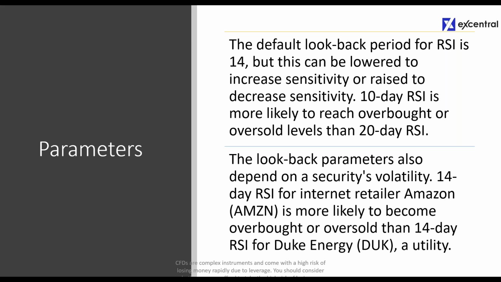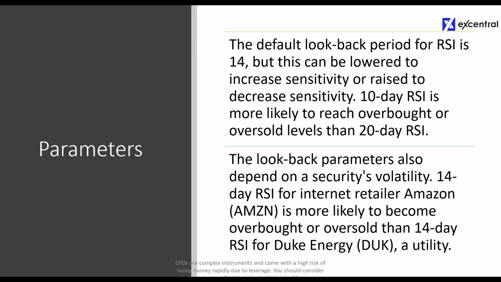So Duke Energy may hardly ever move enough to push it over the 70 or under the 30, where Amazon might always be pushing up into the 70, 75, and 80, or falling down to 20 and 25. So you can adjust these barriers. Like I said, the 70, 30. If you see an asset whose personality is to be up in the 80s and 90s in the calculation, you might want to move your barrier, because that's not a calculation, that's still a wall, a fence.